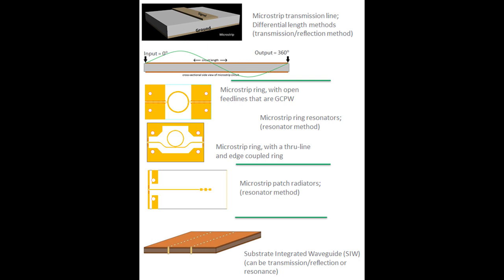The next circuit down is a series fed patch, and this is pretty common for millimeter wave radar. These patch radiators are very small radiators that are basically resonators, and the fields are highly concentrated in a very small area that the radiation patterns come from.